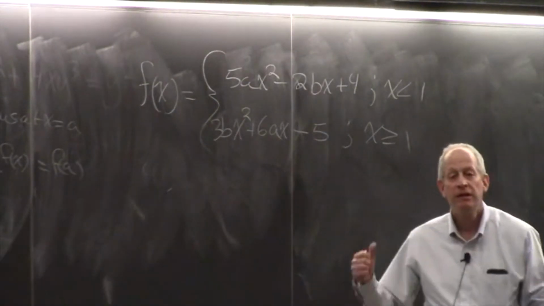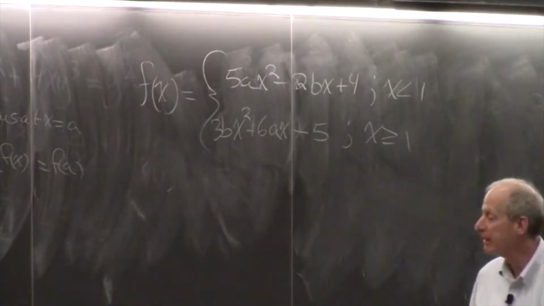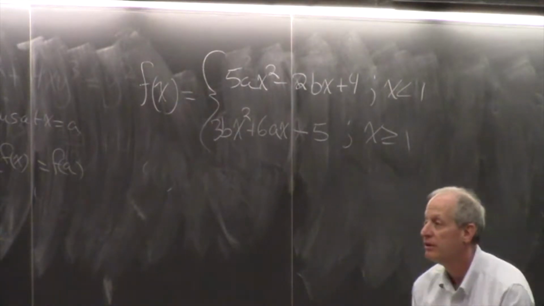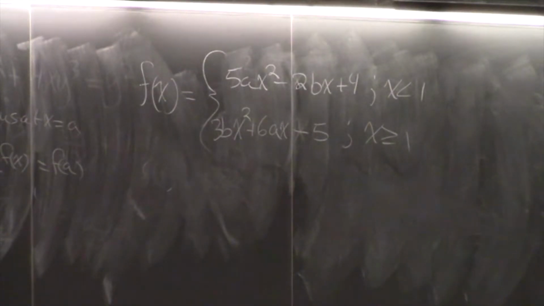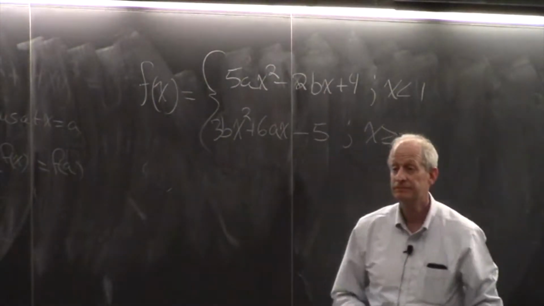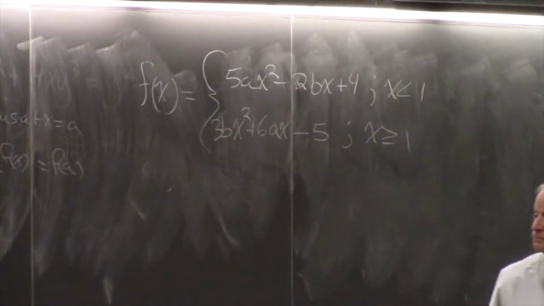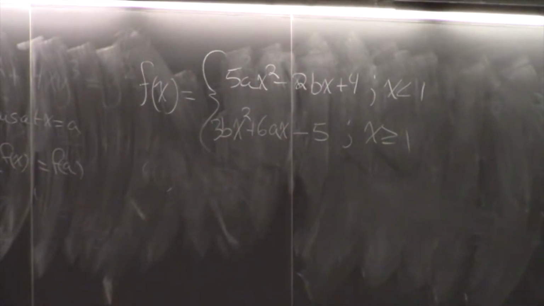In order to be differentiable, it has to be continuous, and the derivative from the left has to equal the derivative from the right. Alright, let's do this one.